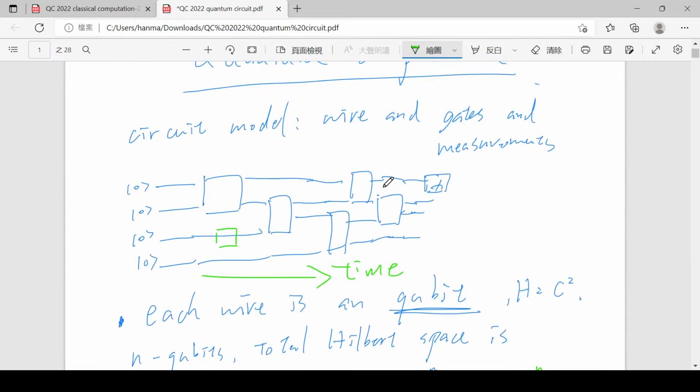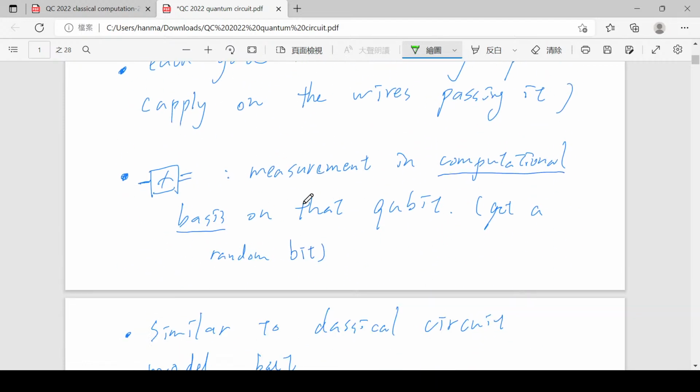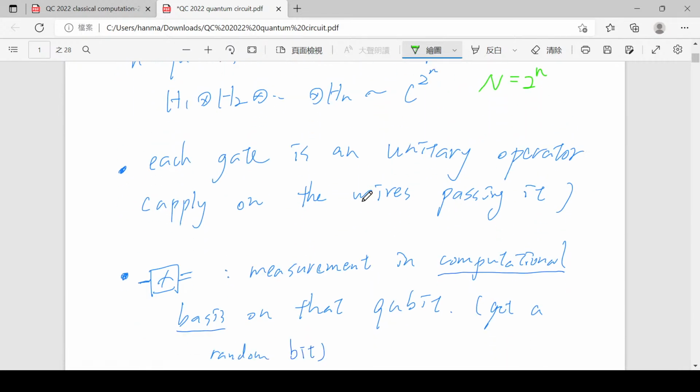And there is measurement. As we know, if you want to get classical information out of a quantum system, you need to apply measurement. Before, we talked about all different kinds of measurement: measurement in some basis, measurement of some operator, and generalized measurement.